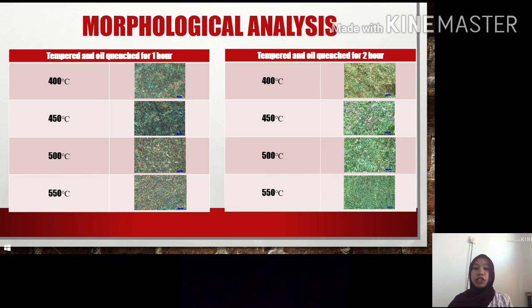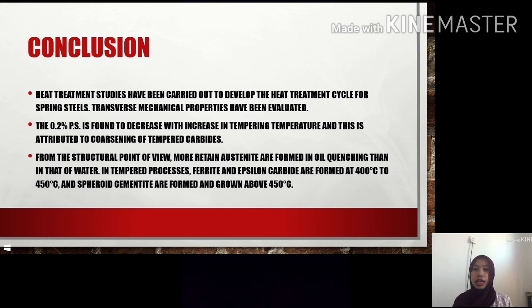The conclusion is that heat treatment studies have been carried out to develop the heat treatment cycles for spring steels. Transverse mechanical properties have been evaluated. The second conclusion is that the 0.2% proof stress is found to decrease with increase in tempering temperature, and this is attributed to the coarsening of tempered carbides.